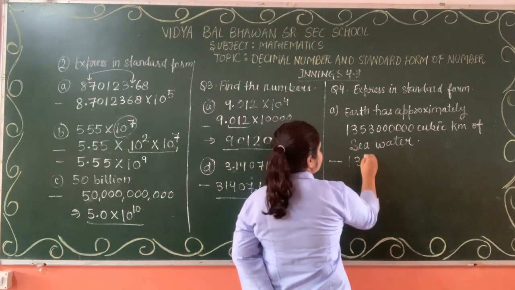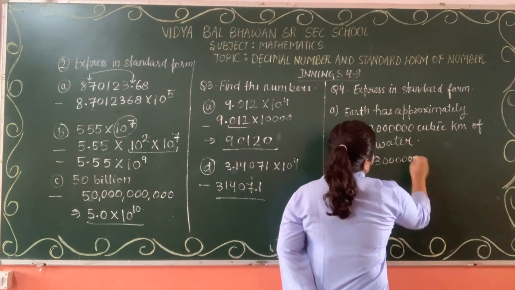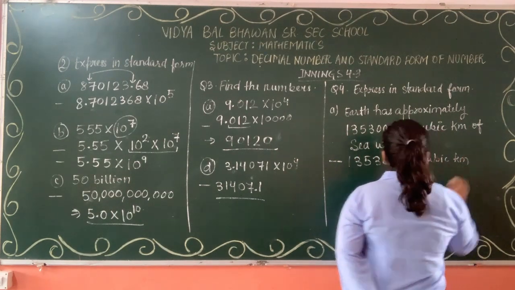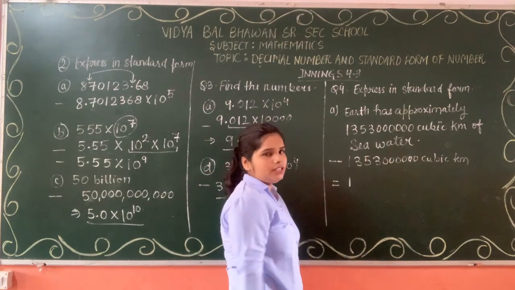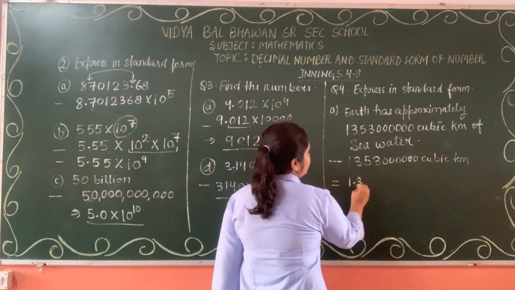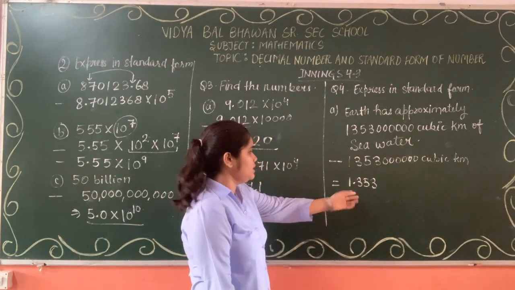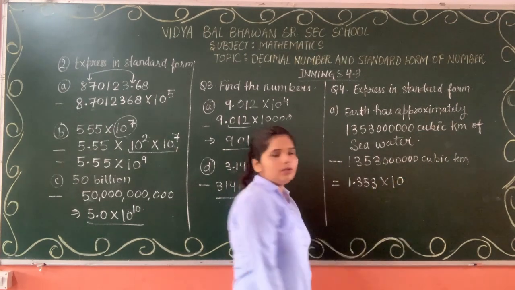So when we change this number into standard form, place the decimal after the first digit: 1.353. Write all the non-zero digits, count, after that multiply by 10 raised to the power.